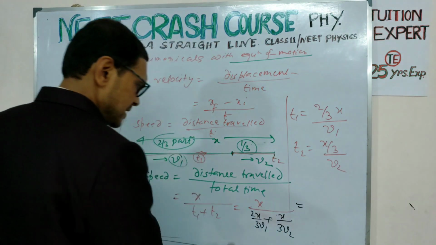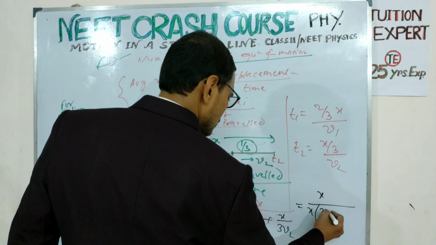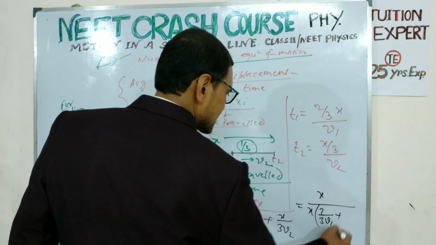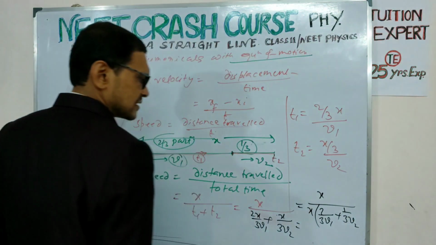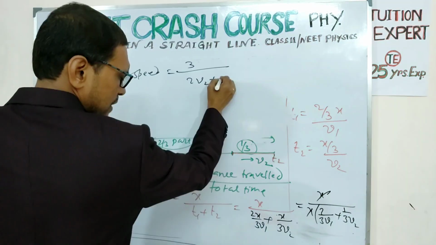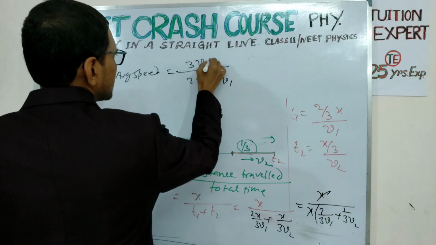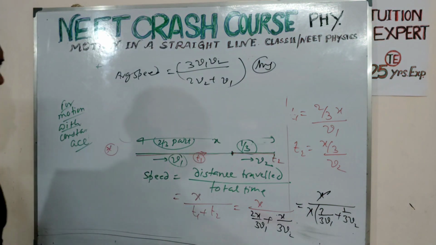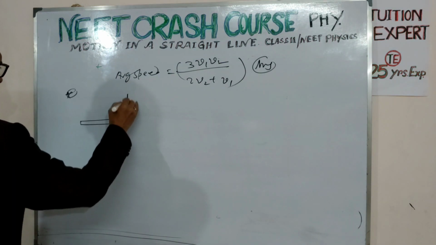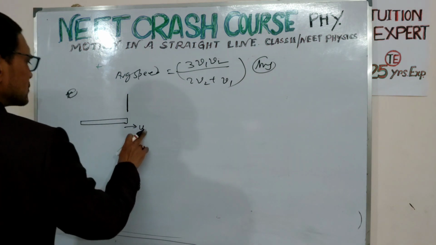The x cancels, so the average speed is x divided by x times (2 by 3 v1 plus 1 by 3 v2). This is the answer.